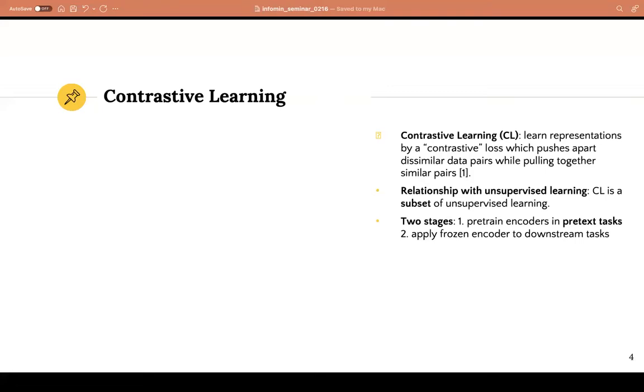One is to pre-train the encoders on a specific pretext task, or you can think of it as a pre-training stage. And second, usually they will freeze the encoder and use that in the downstream task. And talking about contrastive learning, you have to care about the positive pair selection because it's very critical to the performance on the downstream task.